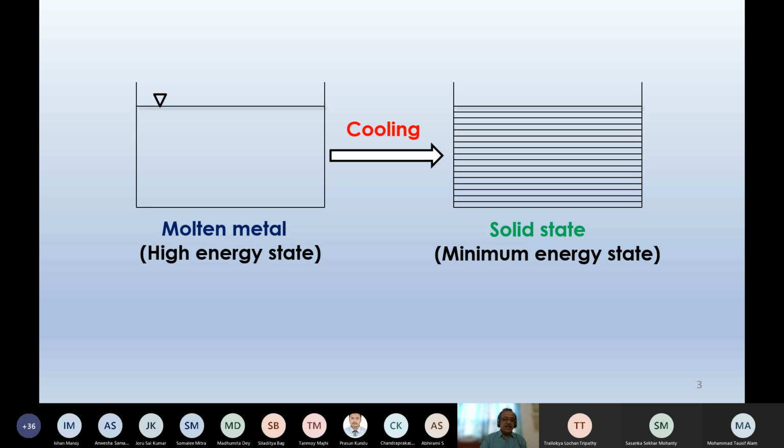The molten metal is at highest energy state. You allow it to solidify, there will be cooling, then it will reach its solid state, and solid state corresponds to the minimum energy state. So, the highest energy state to the lowest energy state through this cooling process.